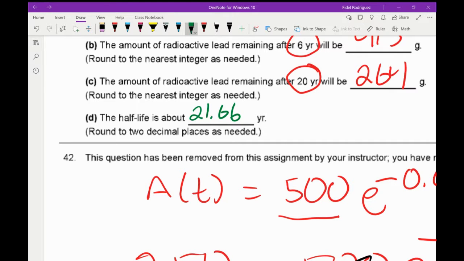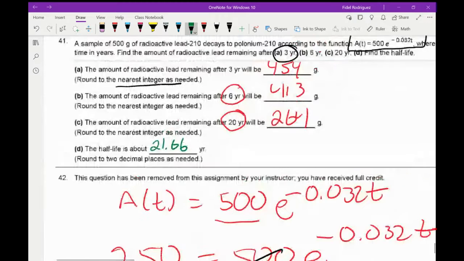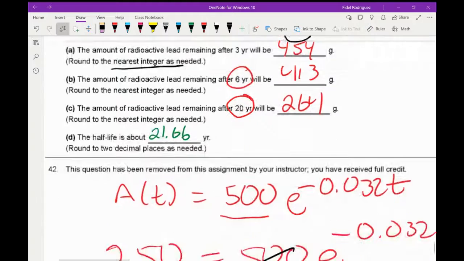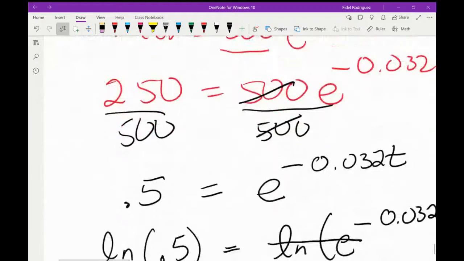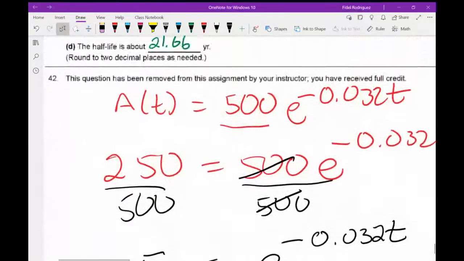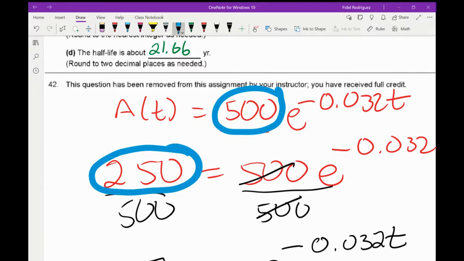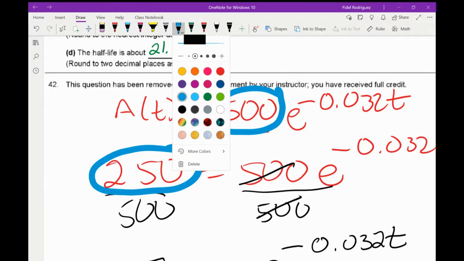So excellent question. I hope, guys, that with 41, parts A, B, and C seemed relatively easy to do, because all we were really doing is using our calculator to evaluate that. Part D has a little bit more work. I really want to emphasize this, y'all: anytime it's asking me for the half-life, whatever number you have initially in your equation, you're going to put half of it over here.